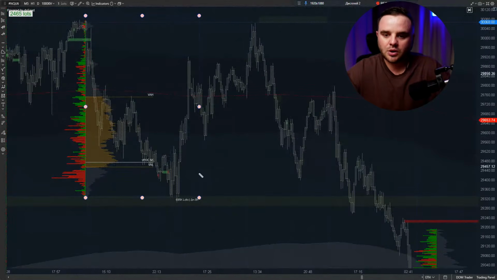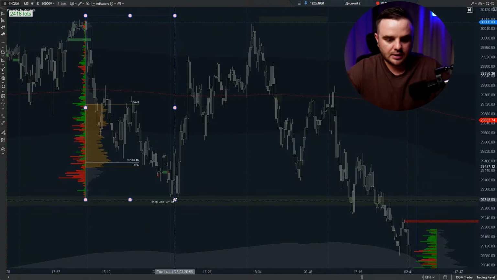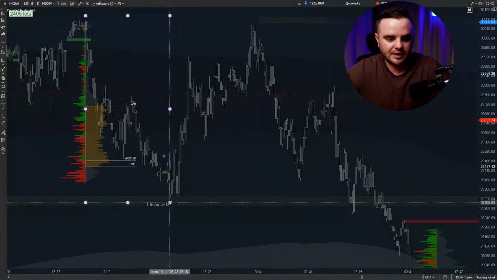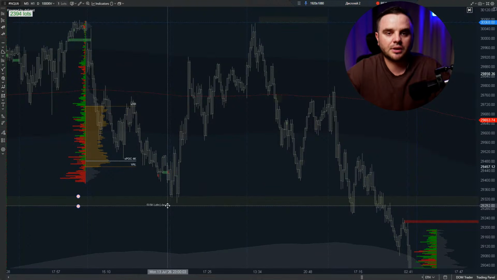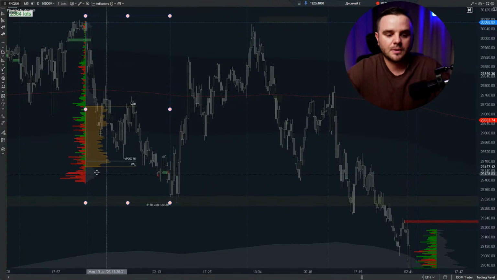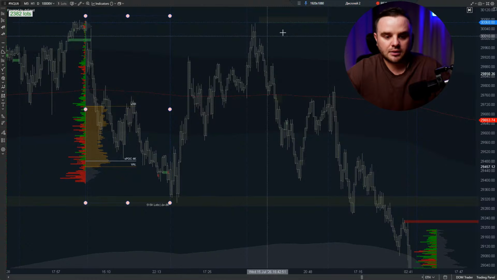Have a look at how many sellers there were here. It was exactly here. Cumulative delta at that moment dropped maybe minus 6K. On this trading day, the cumulative delta was minus 8,000 contracts. And you can see what the price did after: a massive move.